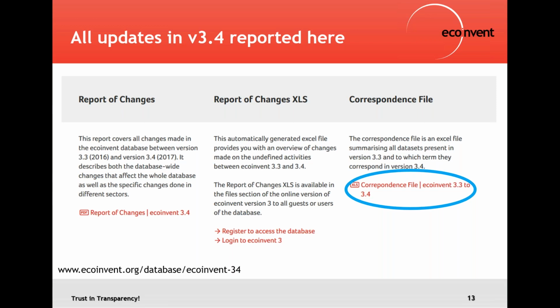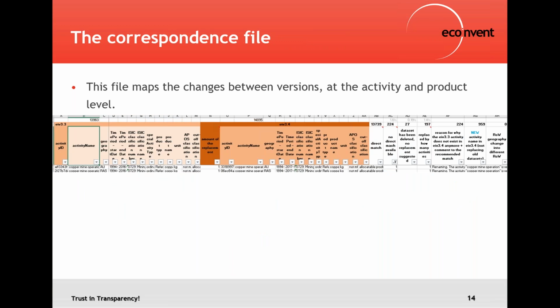I would like to describe this file a little bit more in detail. I think it's also the file that SimaPro uses for their mapping, but maybe you would also like to use it manually for some correspondence that you need to do yourself. So what do we find here? It's quite a complex file, of course, because it's mapping the whole database across different moments in time.